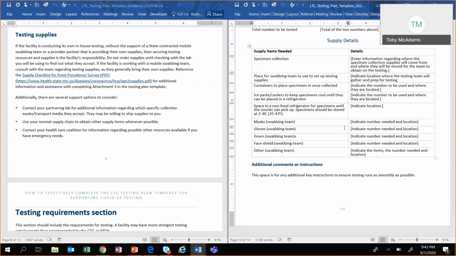Now, some of the questions that have come up in the other webinars have been, what about requesting PPE assistance through REDCap? Remember that that is still a viable option.